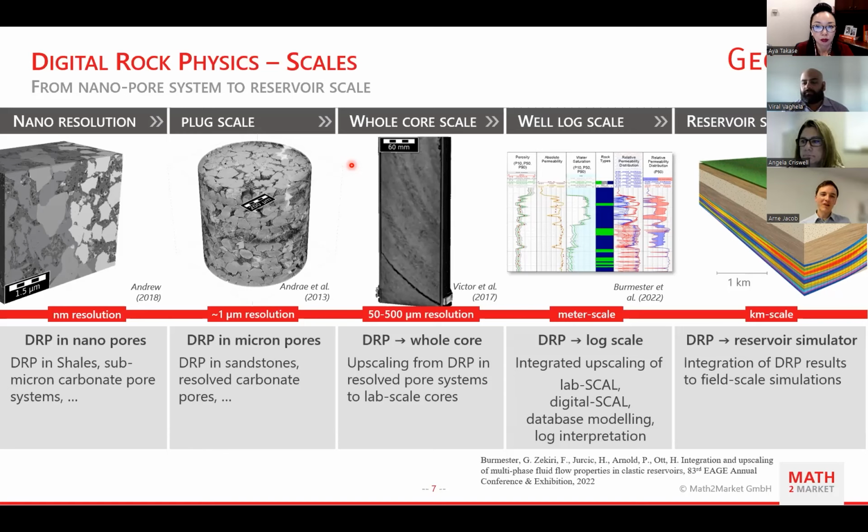So the good thing about simulations is that it's all about resolution and field of view. If you have computers which are large enough, you can model very large reservoir scale models. And with experiments, what you get is a dedicated result for only that sample you have.